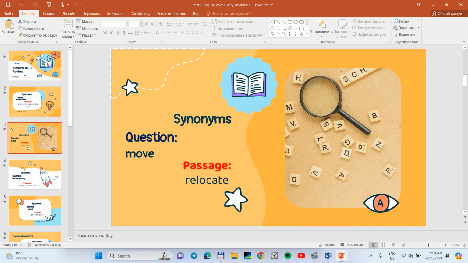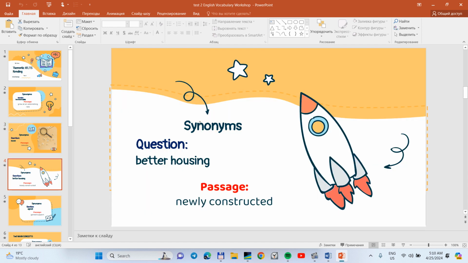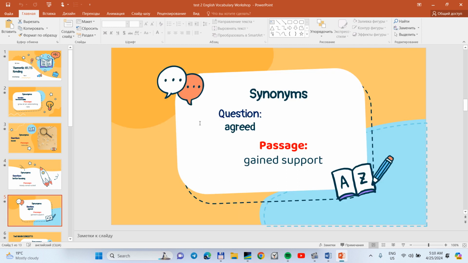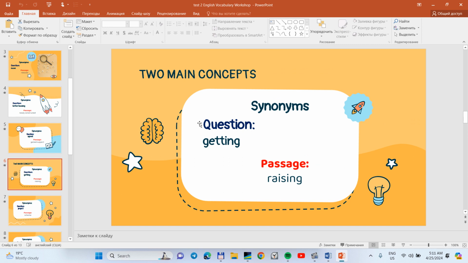Right. So here, move in the question is a synonym of relocate. And better housing means newly constructed. Agreed means gained support. Pause and write.